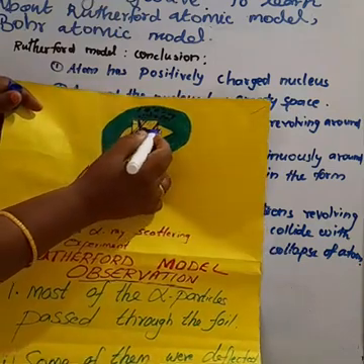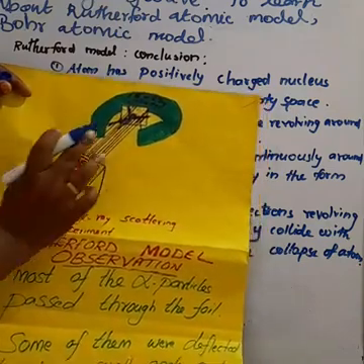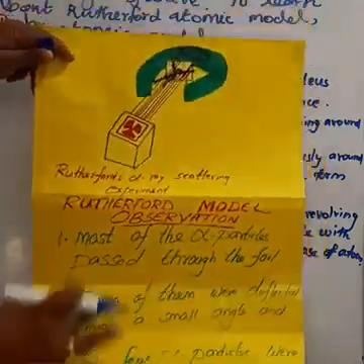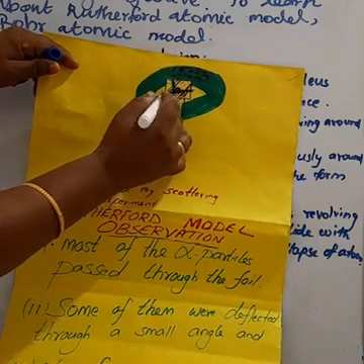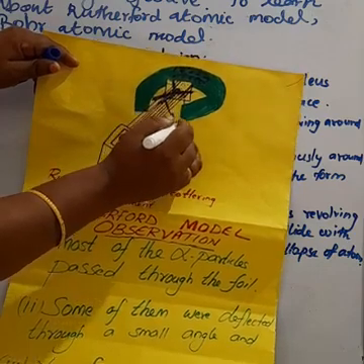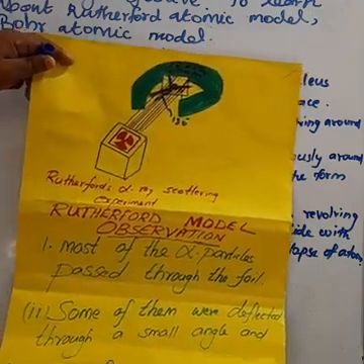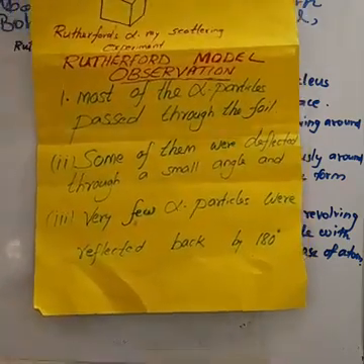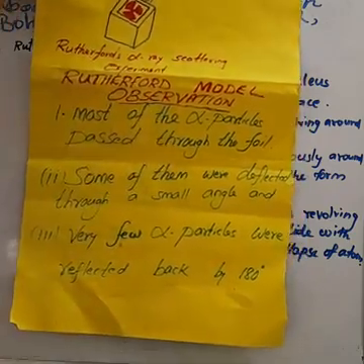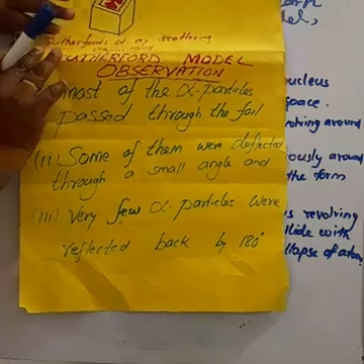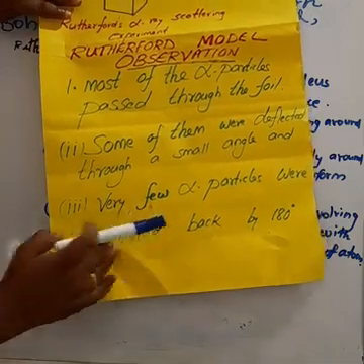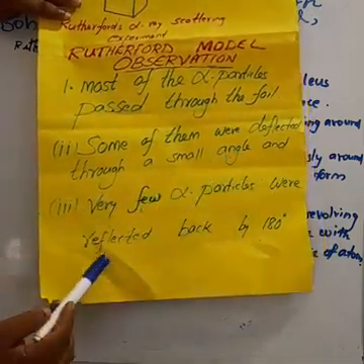And thirdly, very few alpha particles were reflected back by 180 degrees. Students, these are the observations: most passed through the foil, some were deflected through a small angle, and very few were reflected back by 180 degrees.